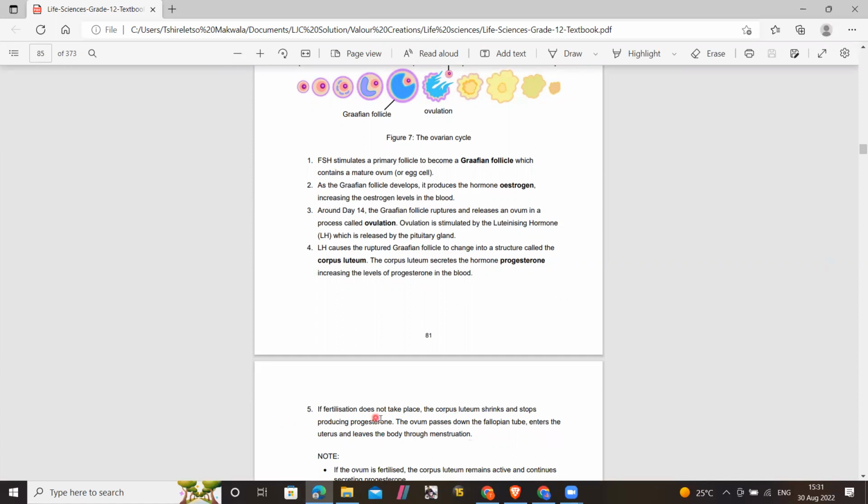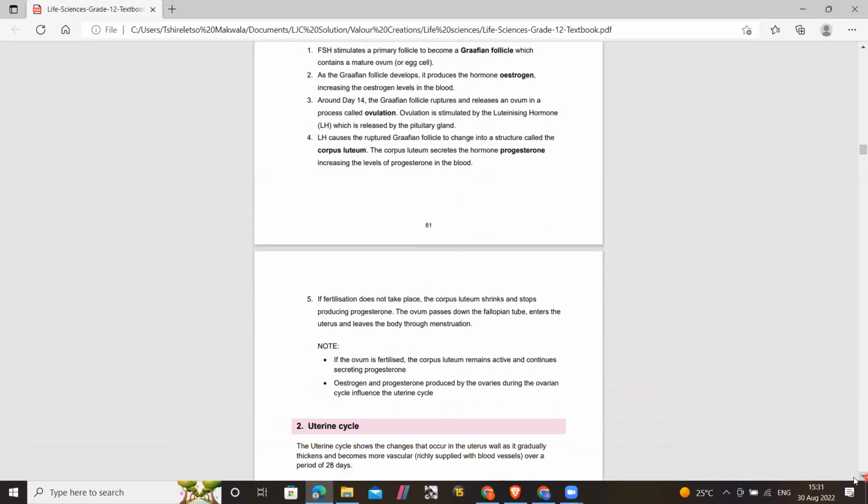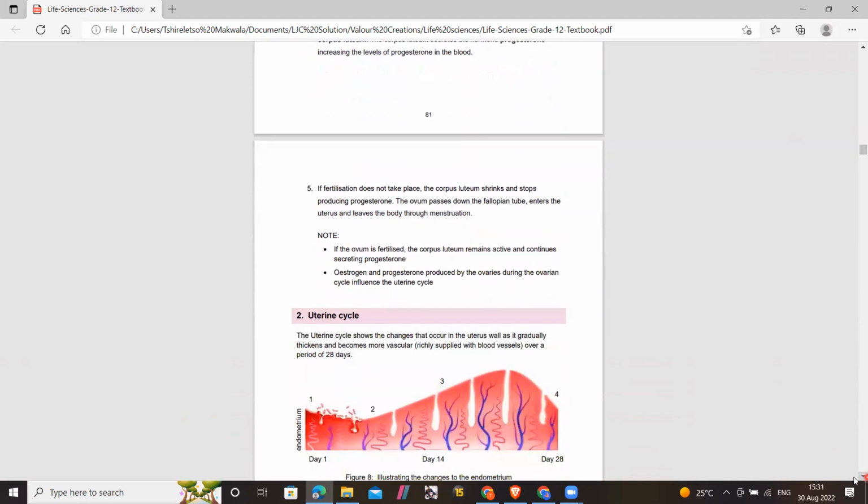So when fertilization doesn't take place, you go through a process called menstruation, which we call going through your period. That's explaining it from an ovulation point of view. If it's fertilized, the corpus luteum will remain active and still secrete progesterone, because progesterone helps thicken the walls of the uterus.